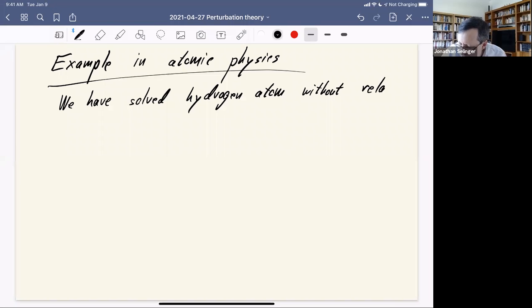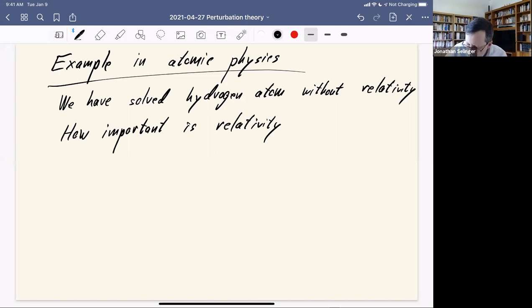But you've learned about relativity in the modern physics class. You might ask, how important is relativity? Suppose you wanted to figure out that sort of thing.